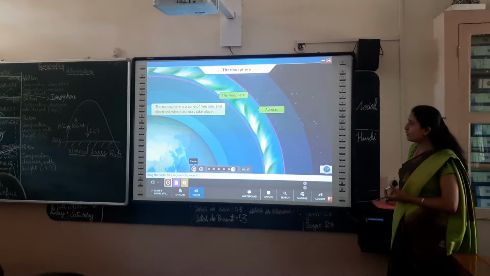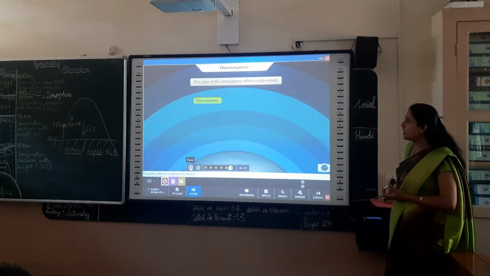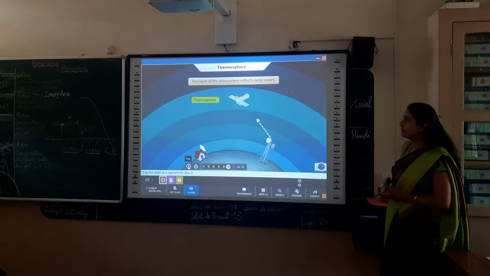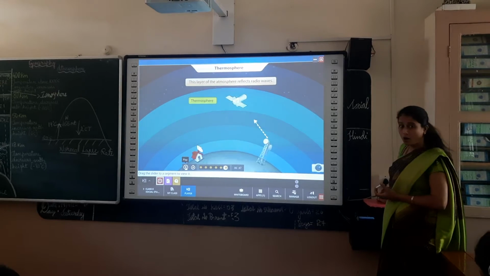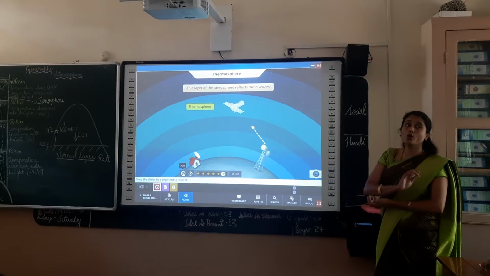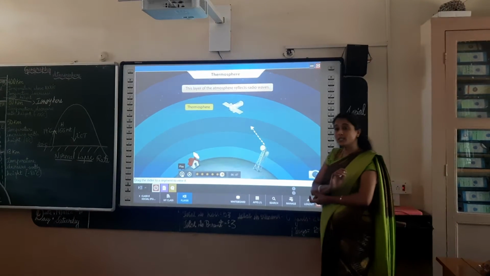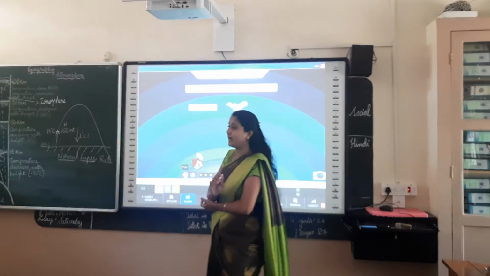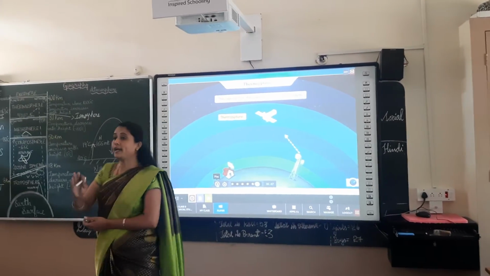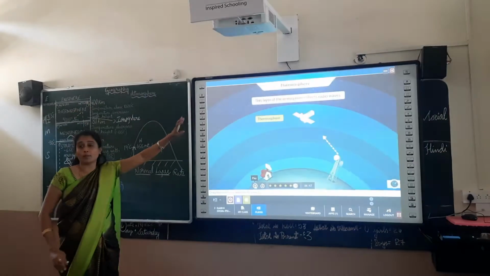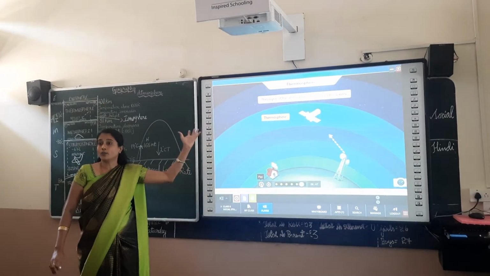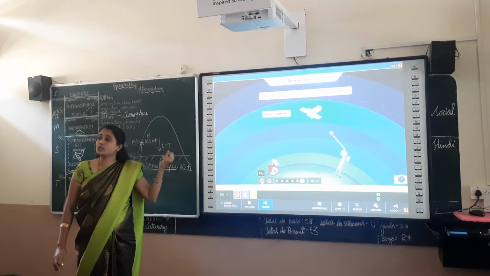Auroras. Okay. With the help of these ions in this layer of the atmosphere, we used to launch artificial satellites. Those artificial satellites are placed in this thermosphere only. For what? To make use of those ions.